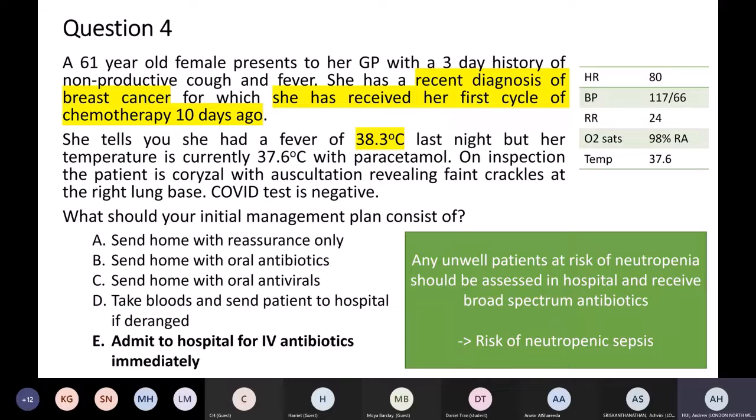What we would do is do the sepsis 6, which I'm sure you've heard of. If they come to their GP and they're unwell, we don't even need to take any bloods. We send them to hospital immediately because they're at risk of this potential emergency. And of course, paracetamol masking the fever doesn't mean that the disease has gone away. They're still at risk.